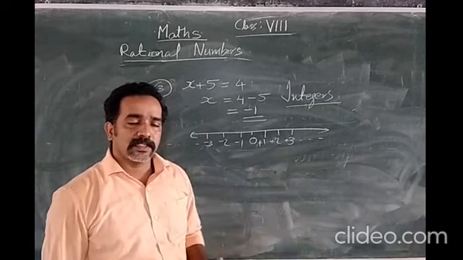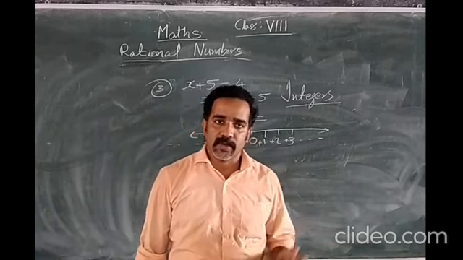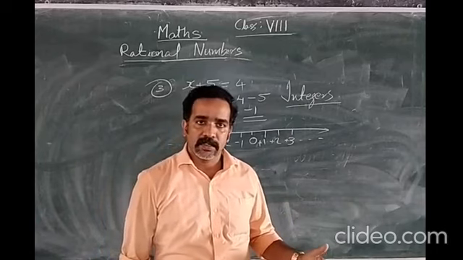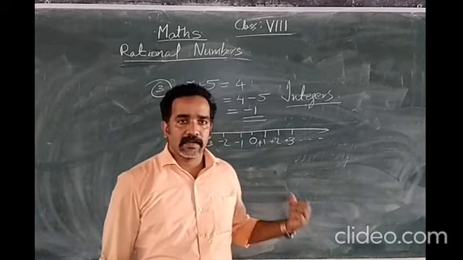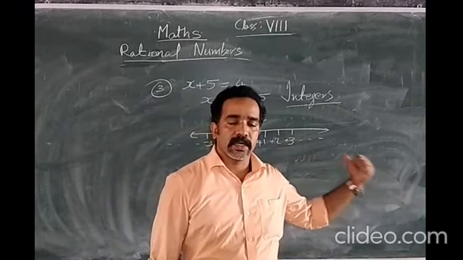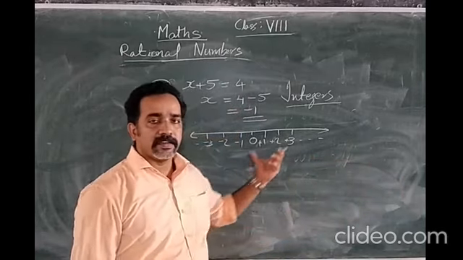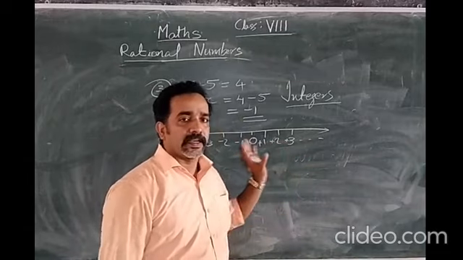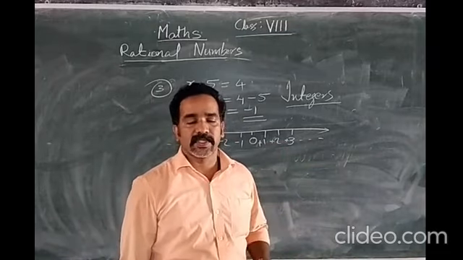From the first solution we got natural numbers. From the second simple equation we got whole numbers, and from the third one we got integers. We understood the need of integers. So in our day-to-day life we need negative numbers also.